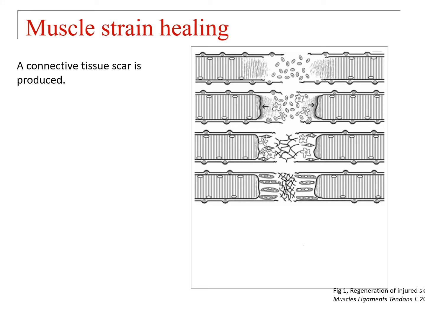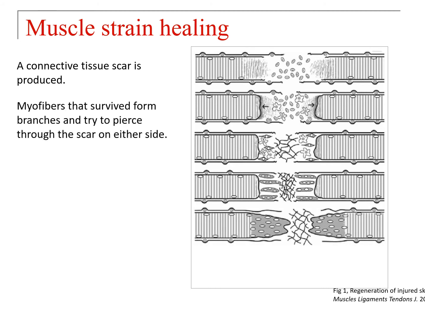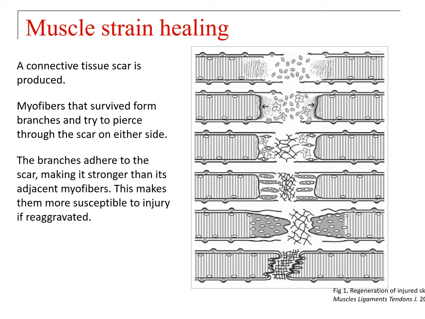Now, if you look at this diagram, you'll also see, about the same time, the multinucleated myotubes on the fourth diagram down there, but you'll also see in the middle that you're producing a connective tissue scar. The next thing that happens is that the myofibers that actually survived will at least slightly join with the myotubes, and they'll try to actually pierce through the scar on either side.